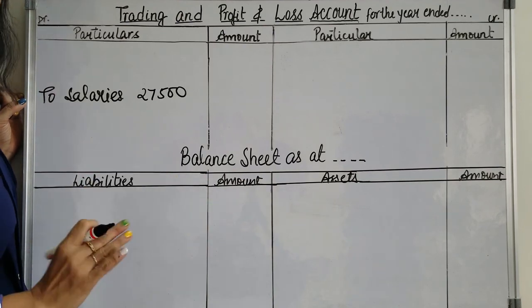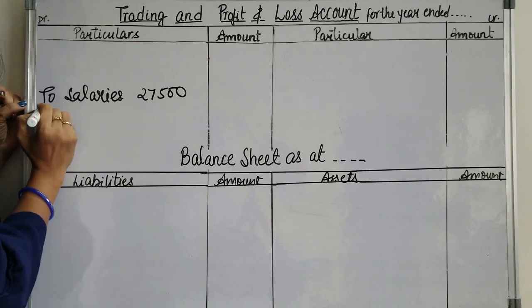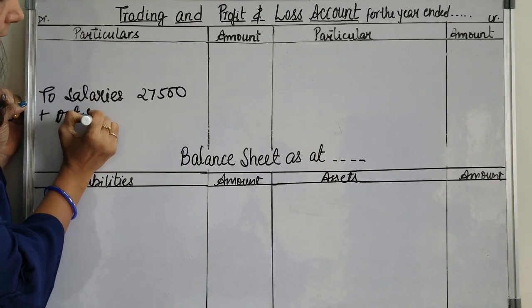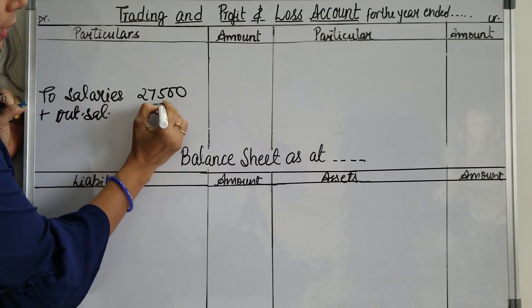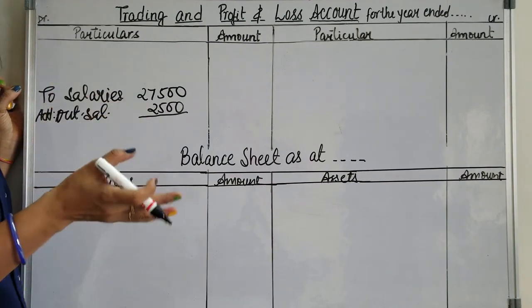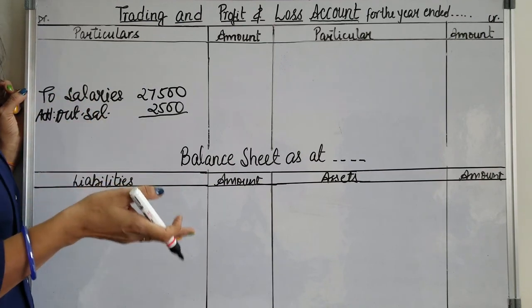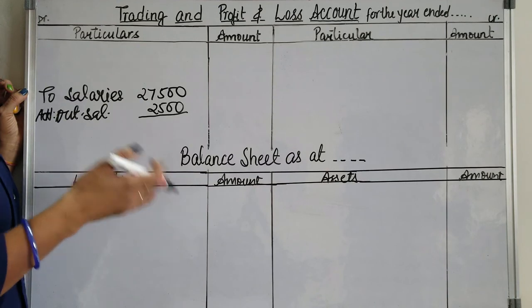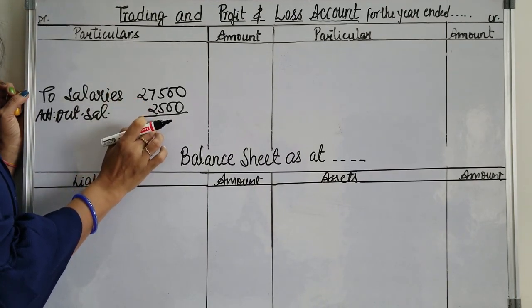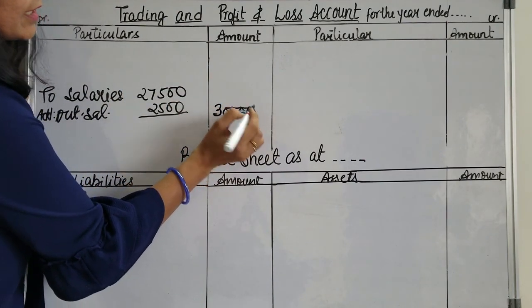Then in the adjustments it is given that outstanding salaries is 2,500. So we will add that outstanding salary, 2,500, because outstanding salary is actually an expense that relates to this year. For calculating the net profit or net loss, we have to take that also into account. So after adding 2,500 to 27,500, the total amount of salary comes to 30,000.